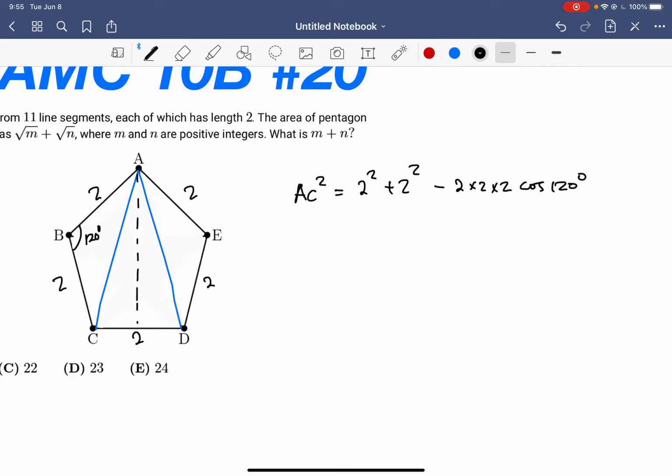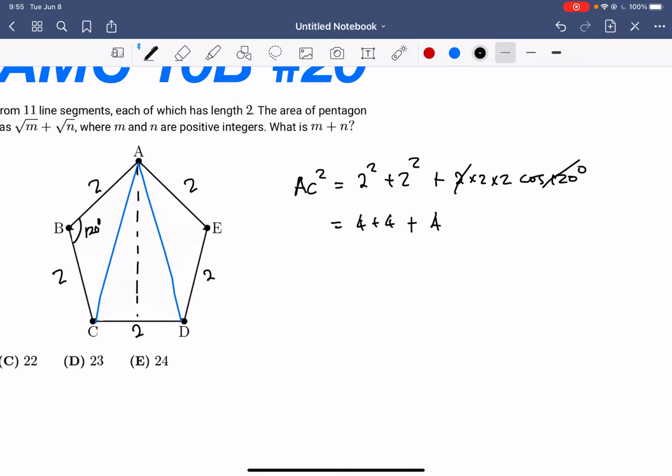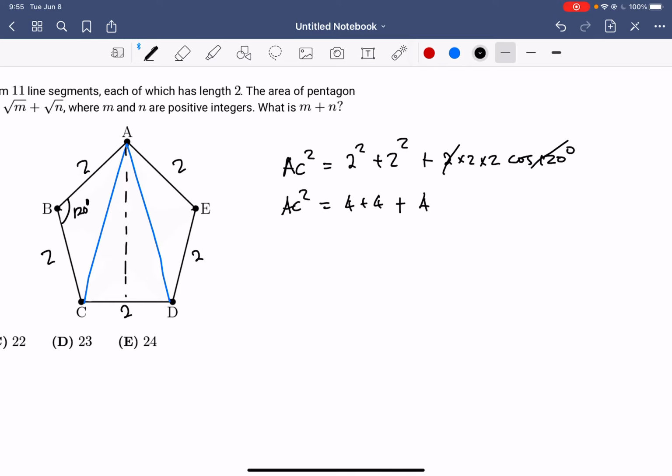We know that cosine 120 degrees is negative 1/2, so the minus cancels and becomes plus 4. So that will be AC squared equal to 4 plus 4 plus 4, and AC is the square root of 12. We don't need to simplify this after all, and we'll see that later.